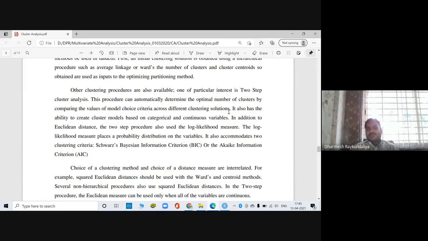If you find the ratio of between to within, and it is larger, then we say that the clustering solution is good. Why? If the within variance is low, it means the objects belonging to the same group are more or less similar, so the variability is low. And if the between variance is high, it means there is more difference among the clusters, and that is what we are actually looking for.